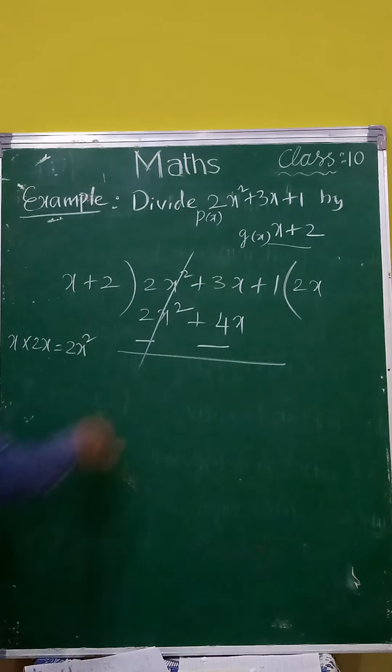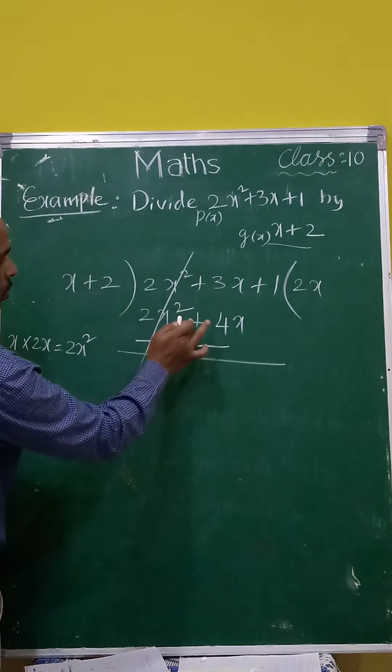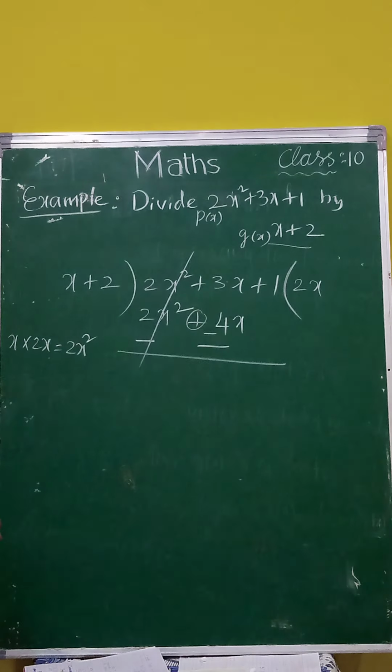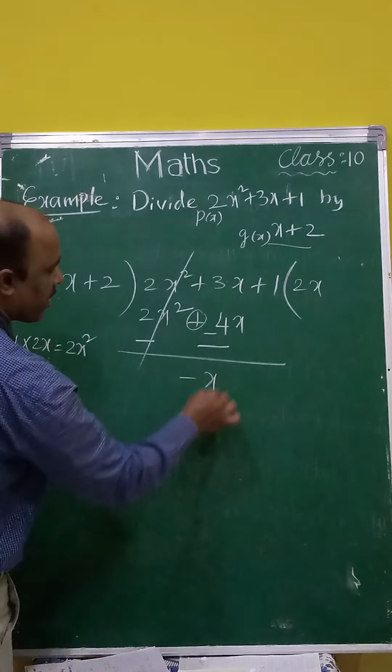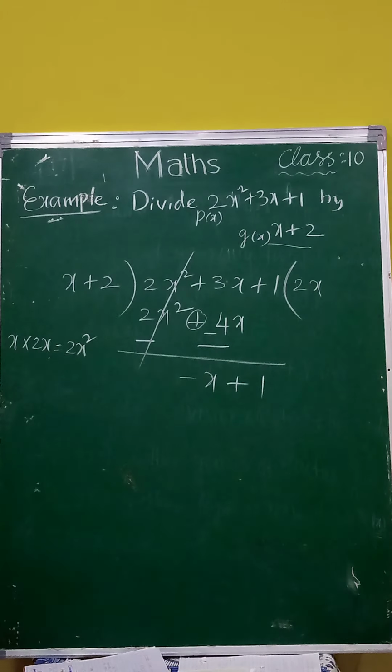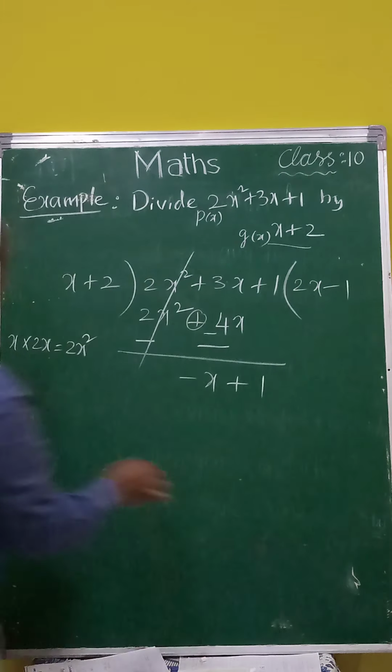Cancel the first term. Minus into plus is minus again. 3x minus 4x is minus x, and the next term is plus 1. Now we got minus x. Here x only, multiply with minus 1.